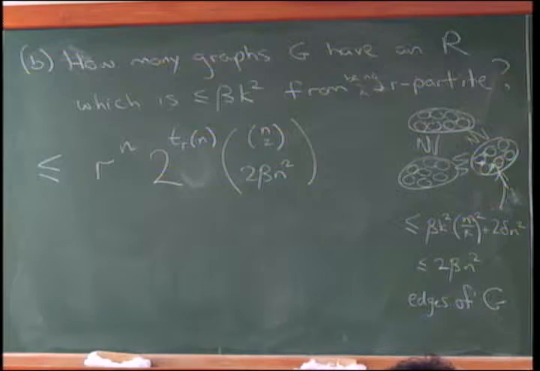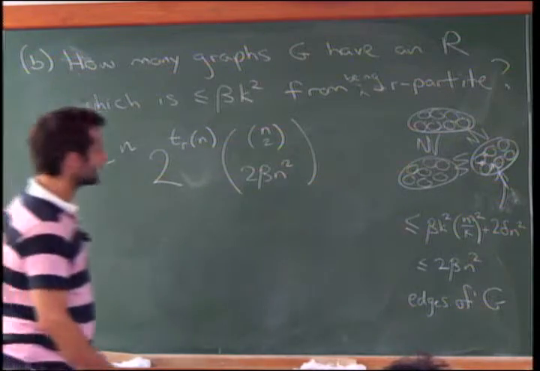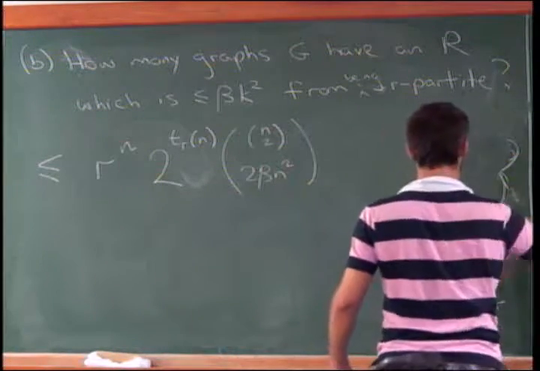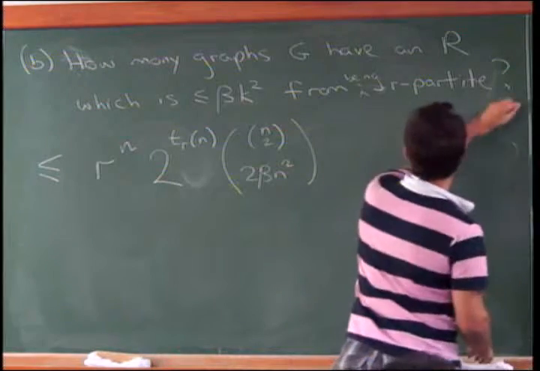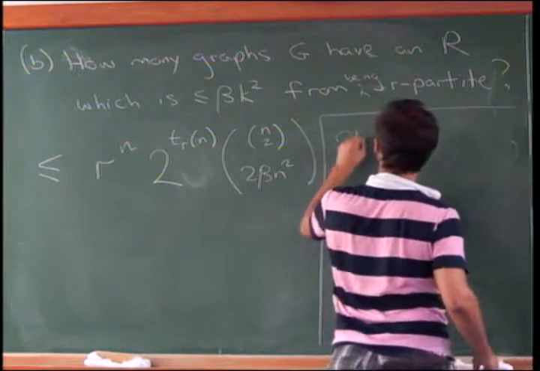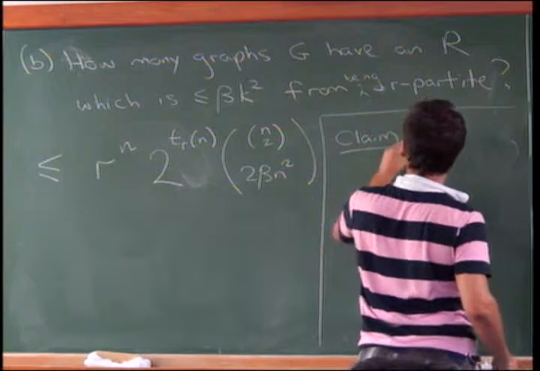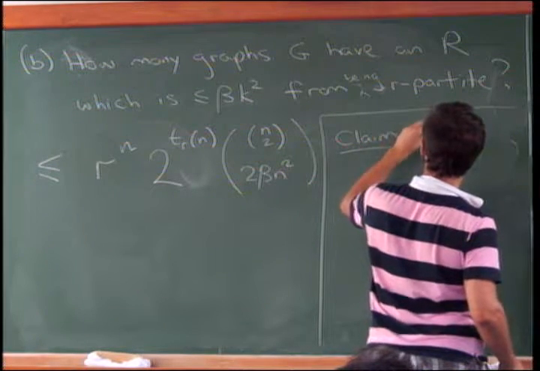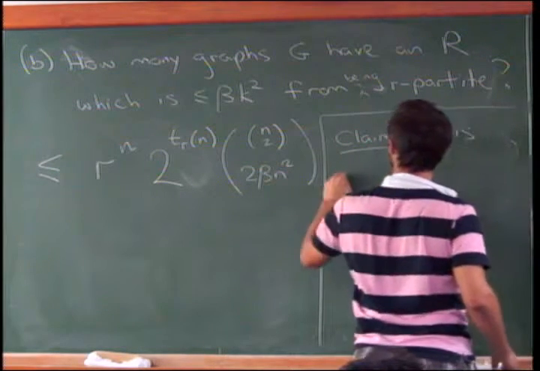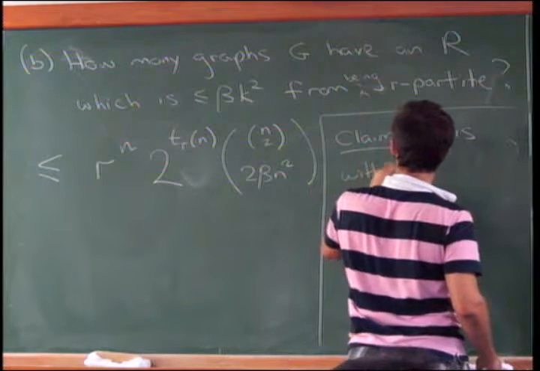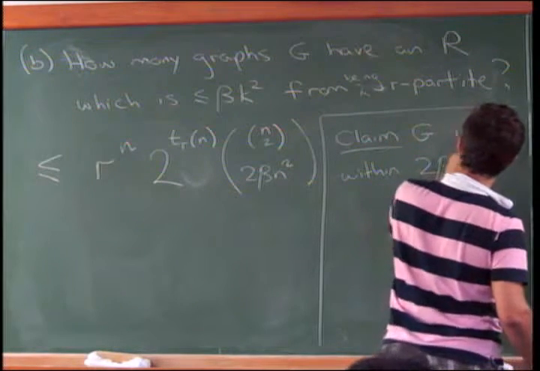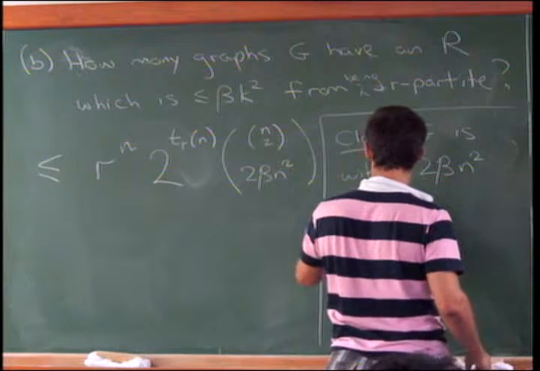Does this make sense? So the claim is G is within 2 beta n squared of being R partite.